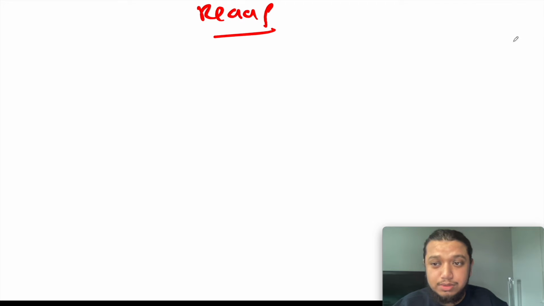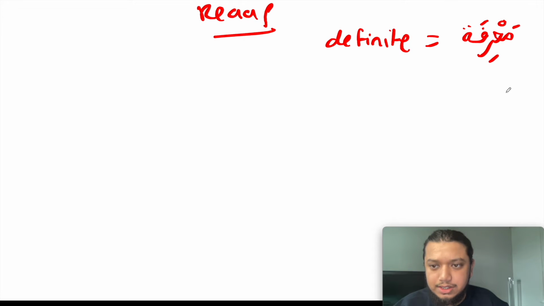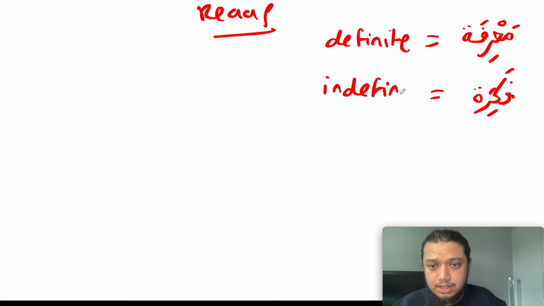So we mentioned in previous lessons that ma'rifa equals definite and nakira equals indefinite.